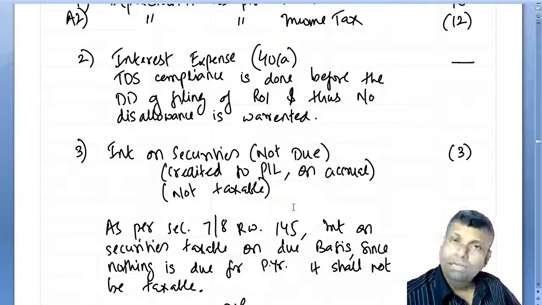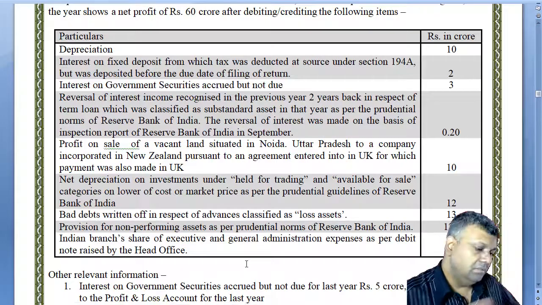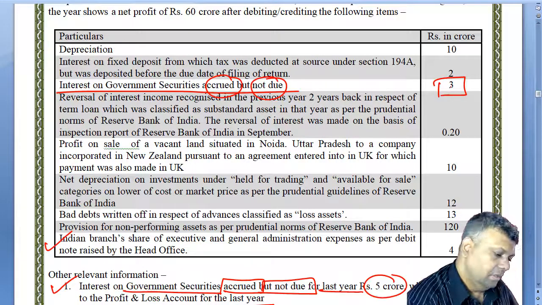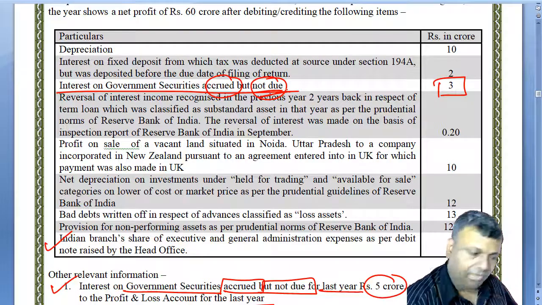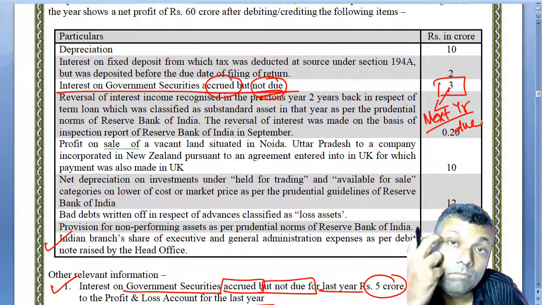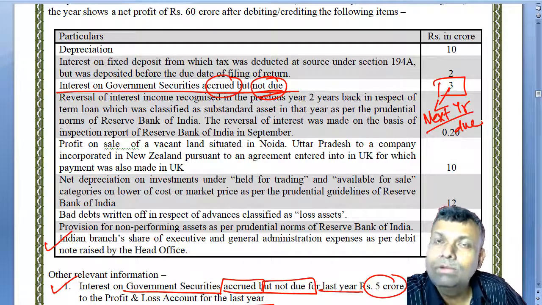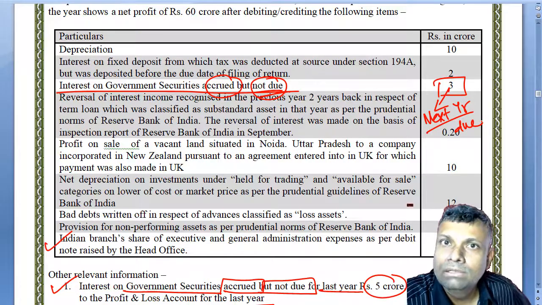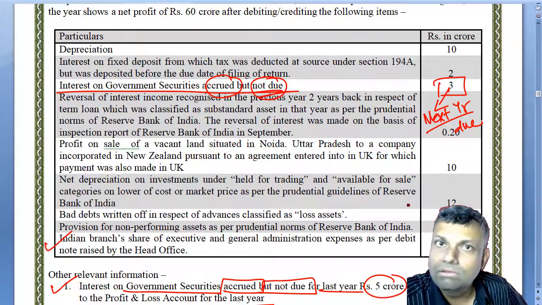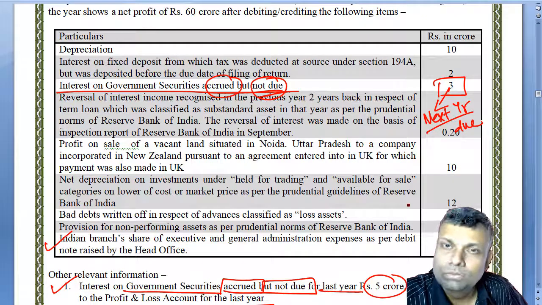Correct. But naturally, these 3 crore rupees are not due in the previous year, so logically in the next year, it will be due. Supposing I tell you that this was falling due in the month of December and you made the investment in the month of January. So for the current period, there is nothing due, because your date of investment is after the date of interest falling due.